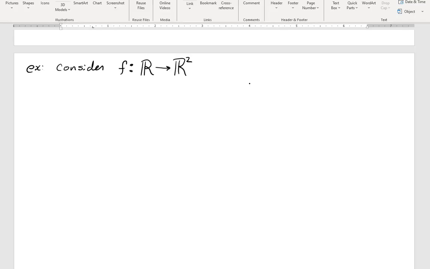R2 is the set of all two-dimensional vectors with real numbers in it, the XY plane. Okay. And this function is defined as f of t is the vector cosine t, sine t.